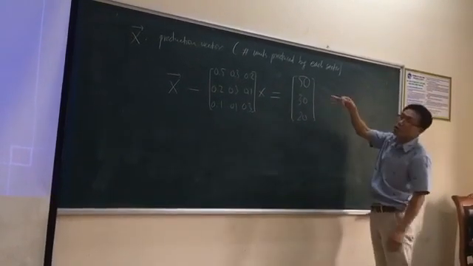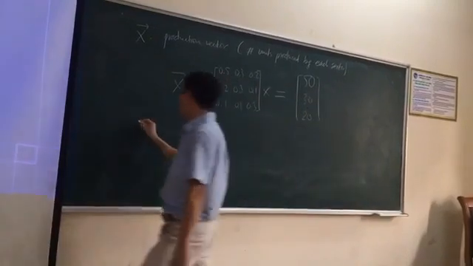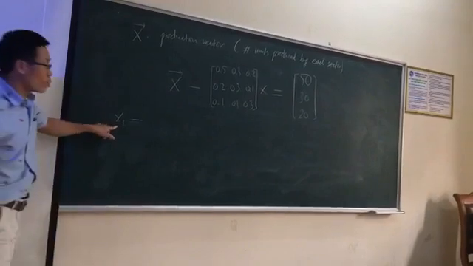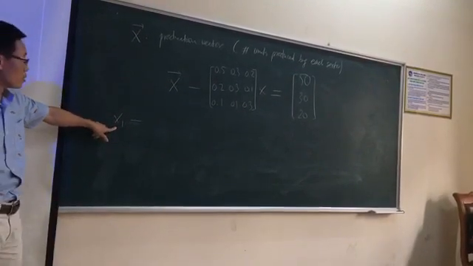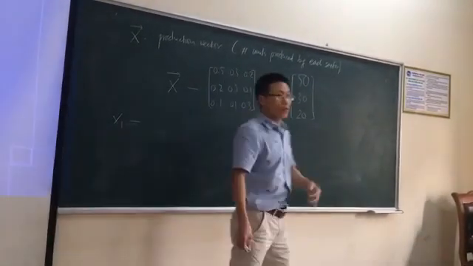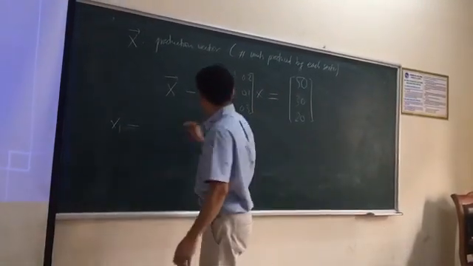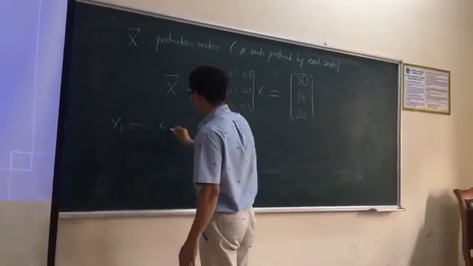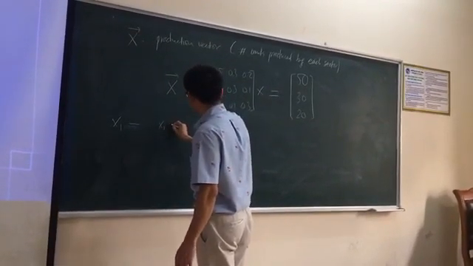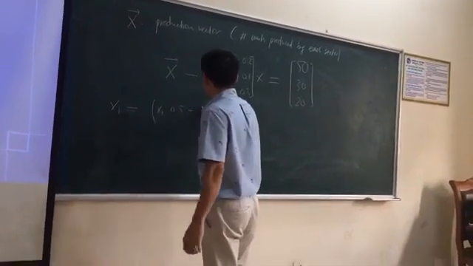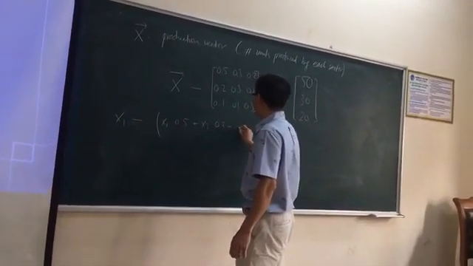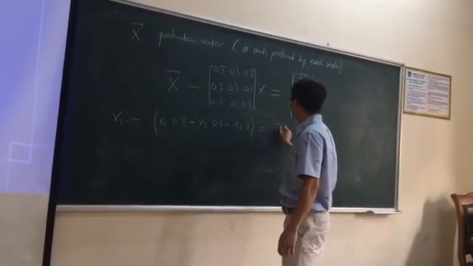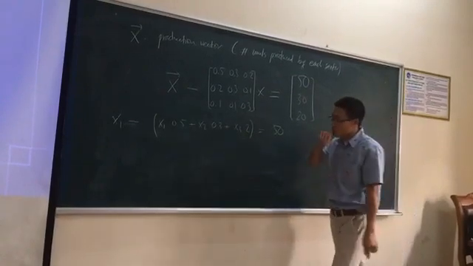So the first equation will look like this: x1 is the number of units produced for manufacturing, and x1 times 0.5 plus x2 times 0.3 plus x3 times 0.2 equals 50, right?